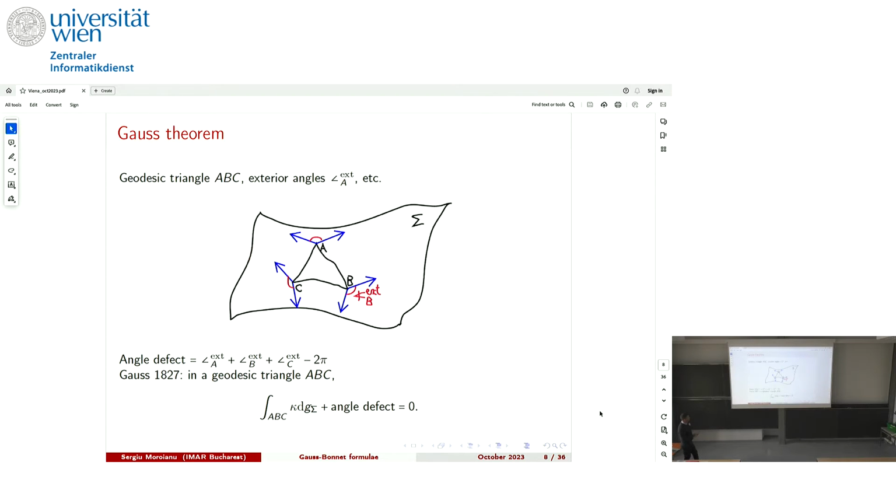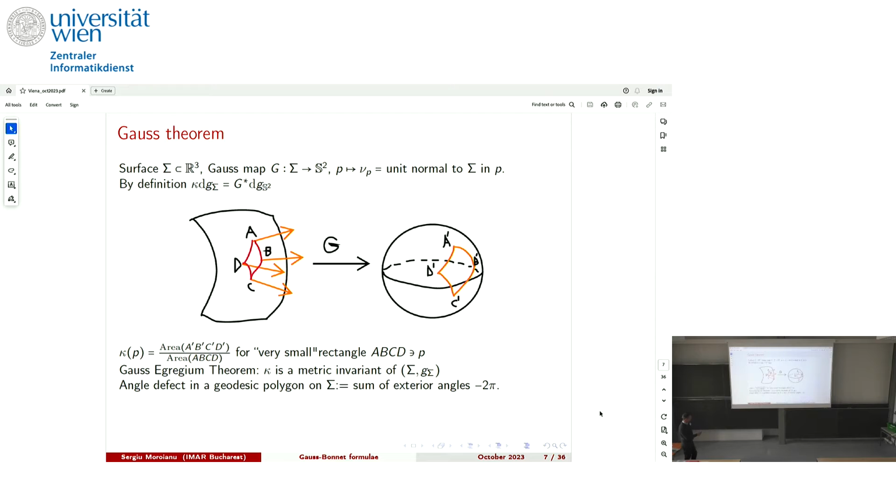Oops, sorry. I meant to say here. He realized this can be computed intrinsically on the surface. Now, in a geodesic polygon on a surface, we have an angle defect, which is the sum of exterior angles minus 2 pi. It should be 0 if the interior is flat.